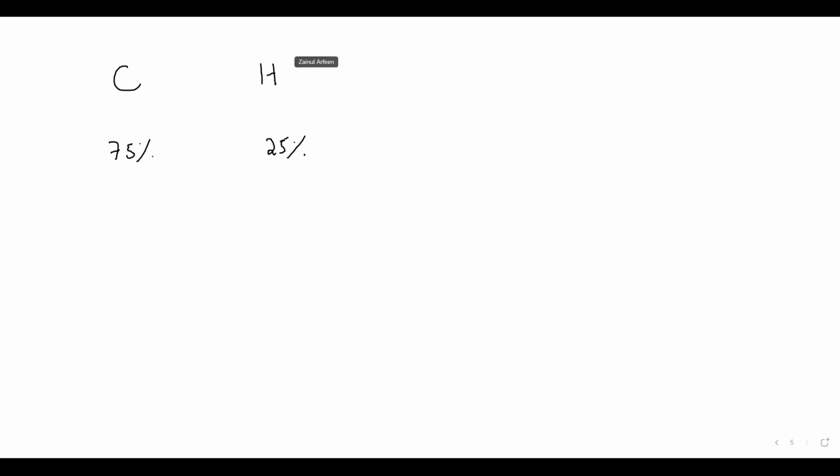So what is the empirical formula? You can use the screen annotation.